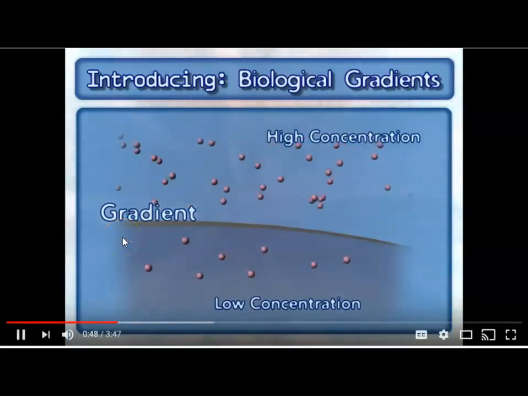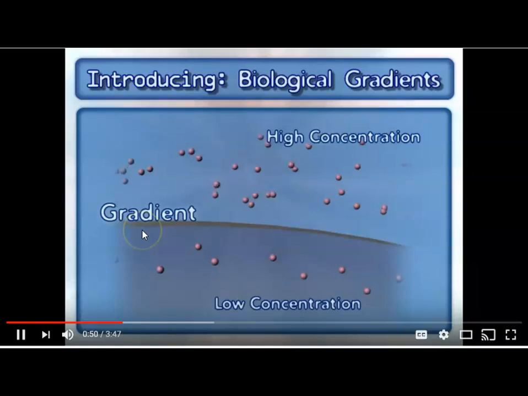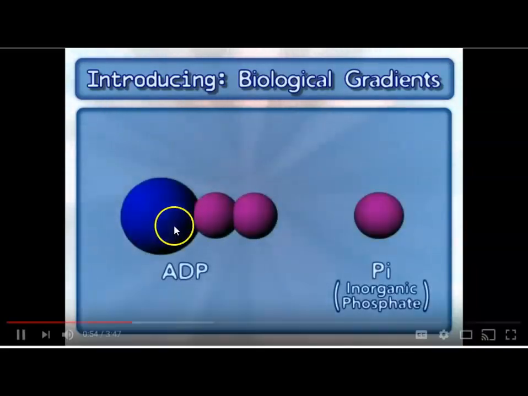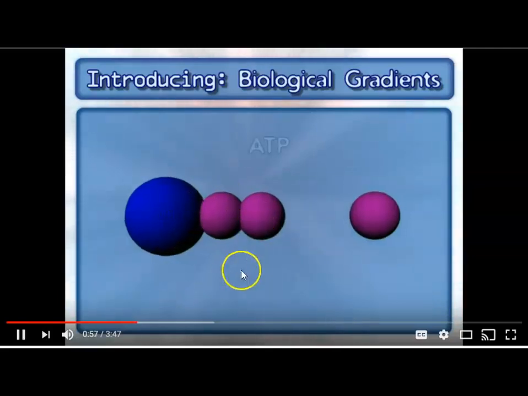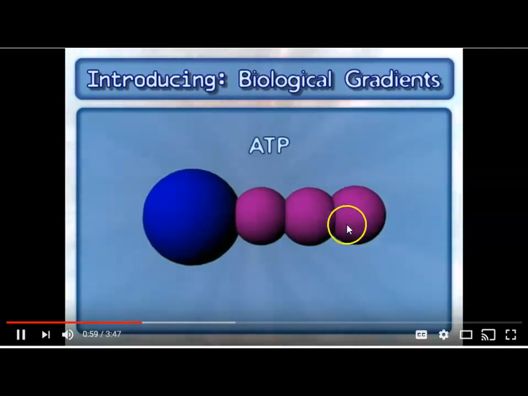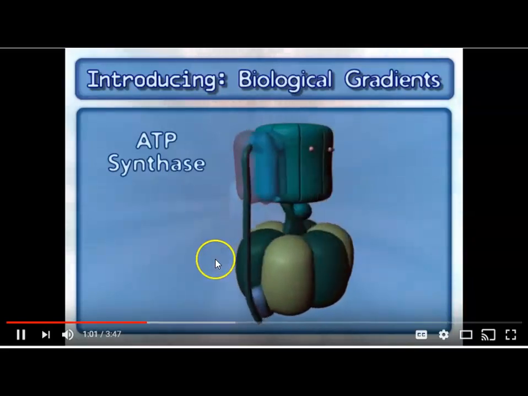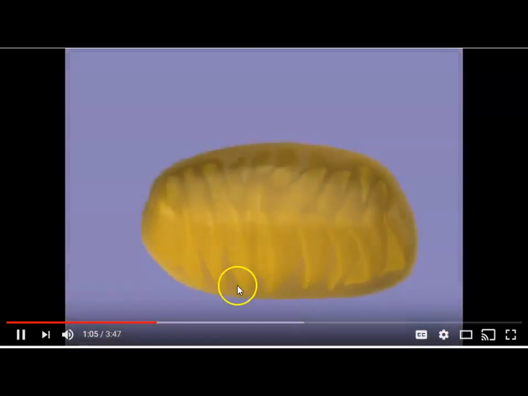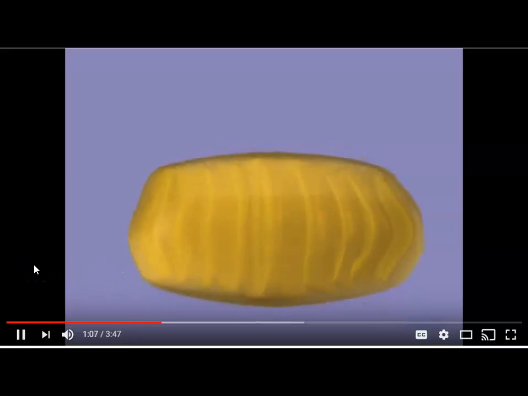Here we're going to look at the concentration gradients that are set up during the citric acid cycle. And we're going to use ADP and an inorganic phosphate to create ATP. And it involves the ATP synthase that's going to be found in the membrane of the cell.